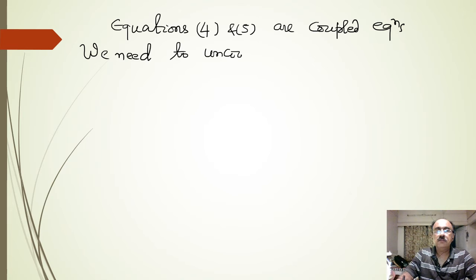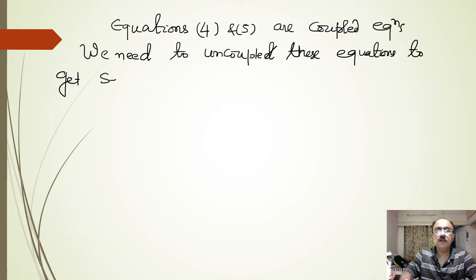Because the simpler form will involve definitely only a single potential. We need to uncouple these equations to get separate equations for A and phi. How can this be done?